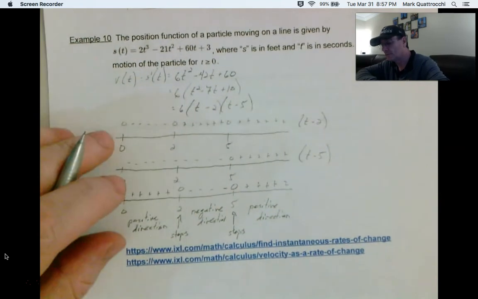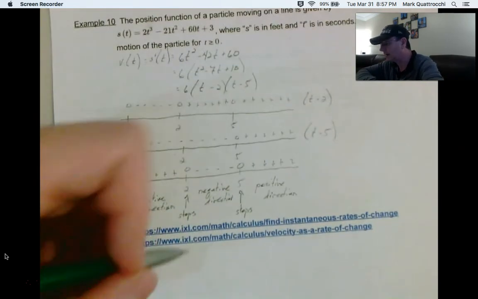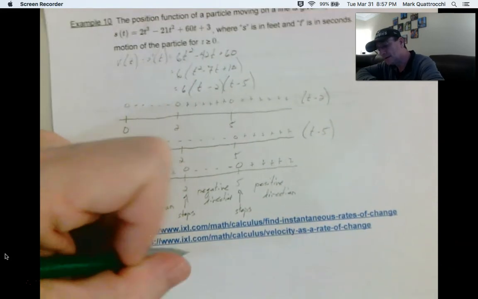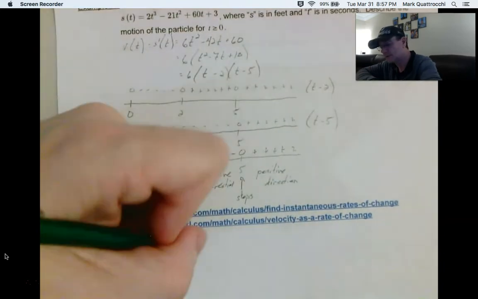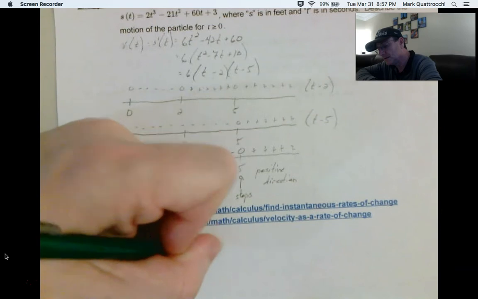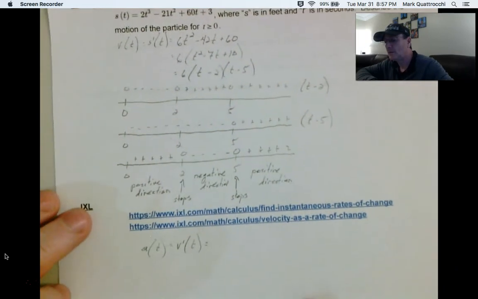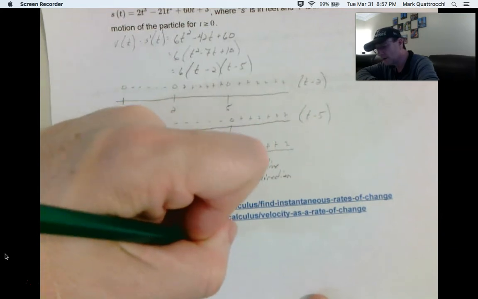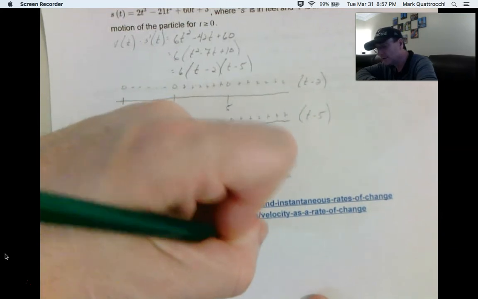So to do that, we're going to look at a of t. A of t is equal to v prime of t. So v prime of t is 12t minus 42.